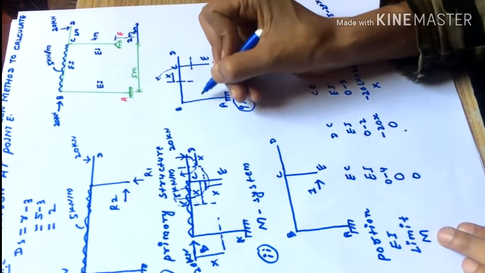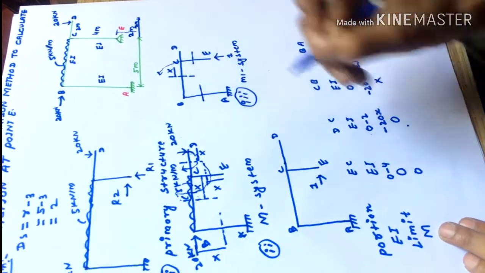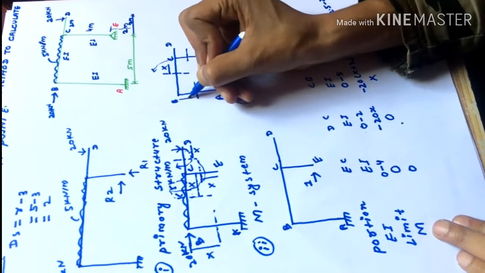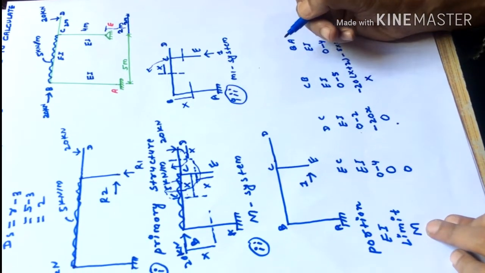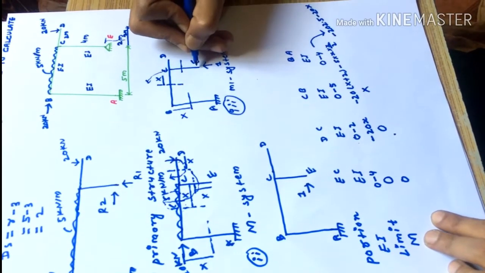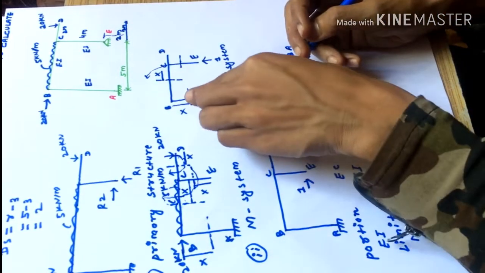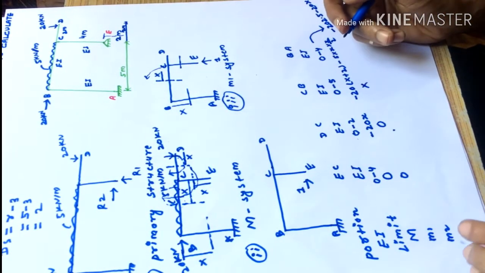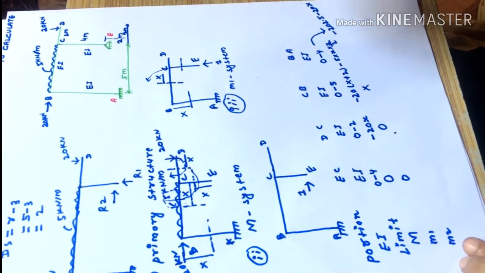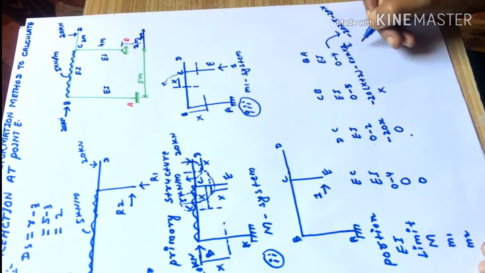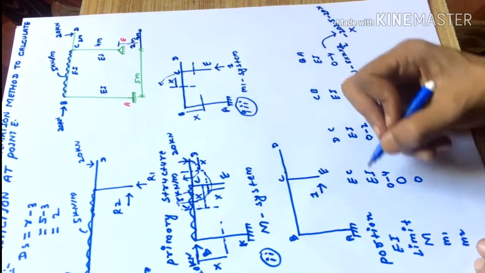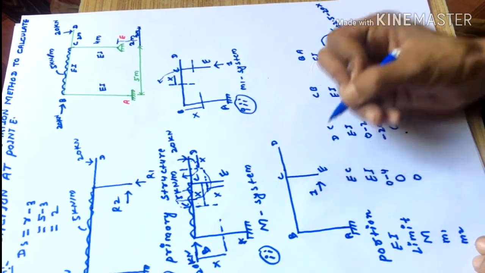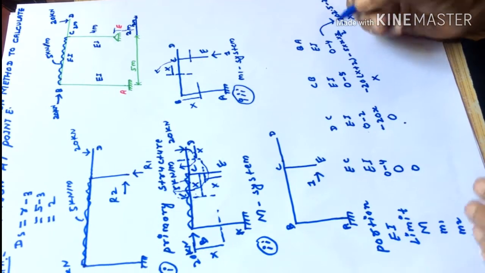Also for portion BA, let us take a section from B at a distance of x. In the figure we can see this force will rotate this section in anti-clockwise direction. So also for portion BA our moment is x. Now let us analyze by keeping a unit force in the direction of R2.